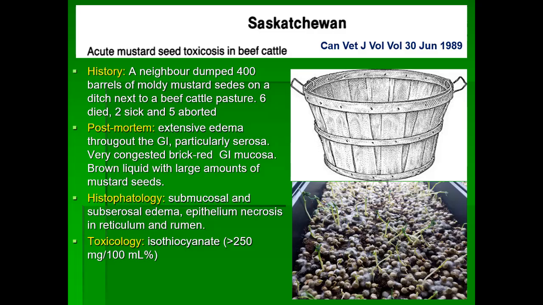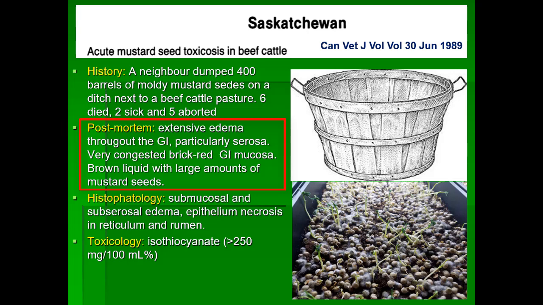Here is a case of an acute mustard toxicosis in beef cattle. The history is that the previous day the neighbor had dumped 400 barrels of moldy mustard seed onto a ditch that was adjacent to the pasture, and the following day there were 6 dead animals, 2 sick ones, and 5 had aborted.